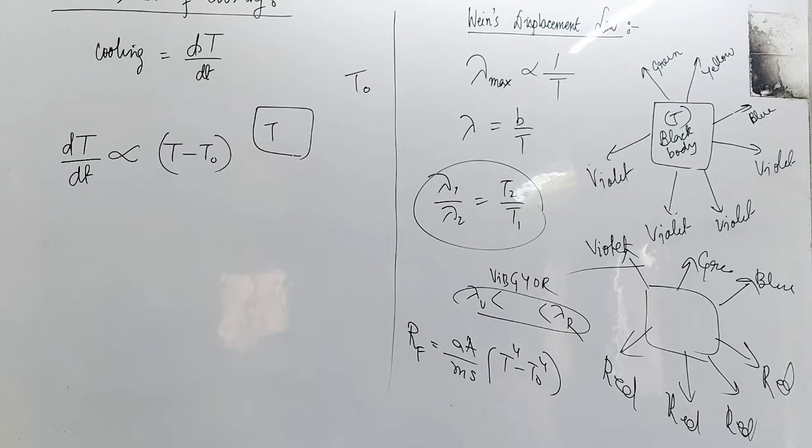Do you understand the concept here? Why is it so? Because the temperature of the surrounding is at minus 10 degree or minus 20 degree. So the temperature difference is quite huge. There will be rapid cooling.